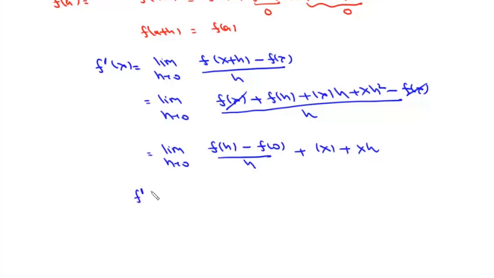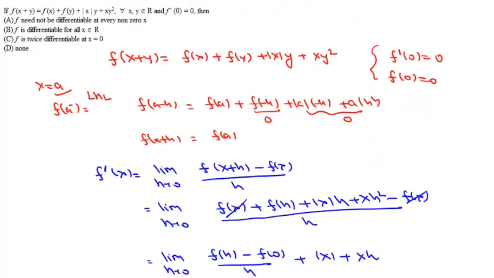So we can write f'(x) as f'(0) plus |x| plus 0, and we are given that f'(0) is 0. So basically f'(x) is equal to |x|. Now since f'(x) is continuous, this function is differentiable for all x belongs to R. So the answer to this question is option B, f is differentiable for all x belongs to R.